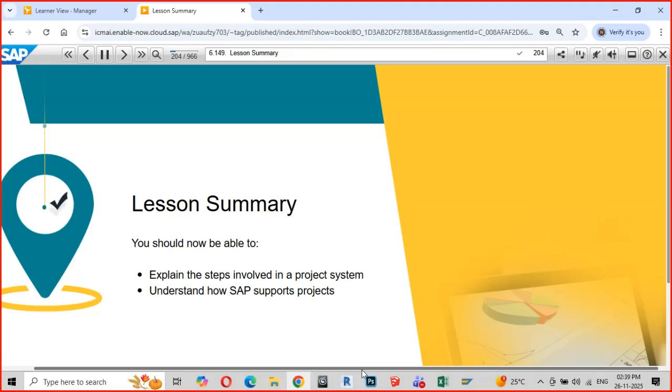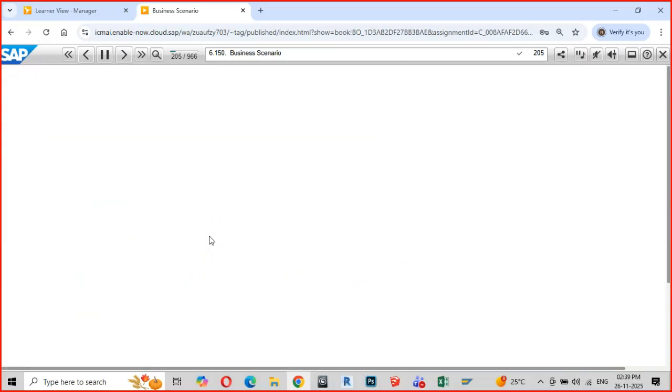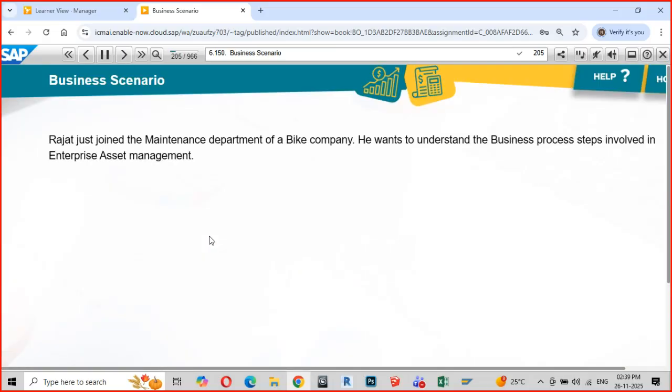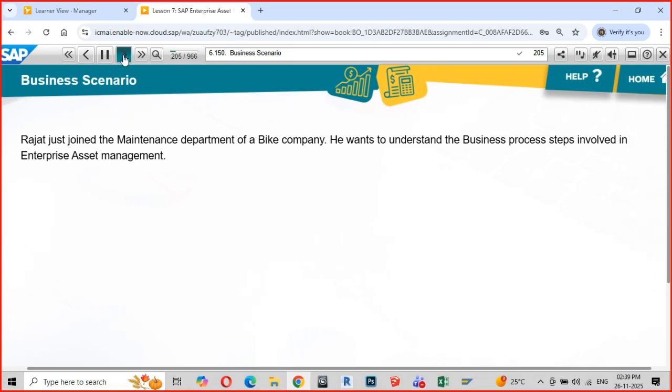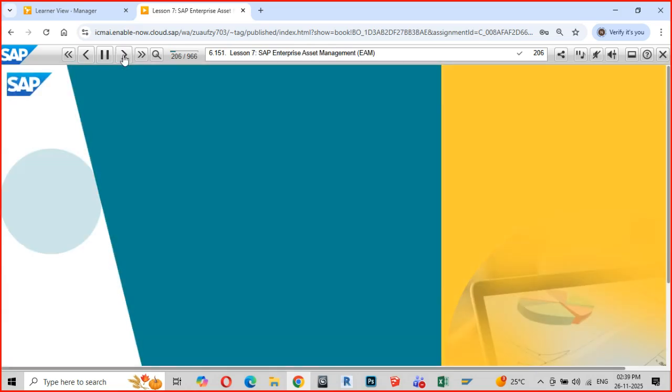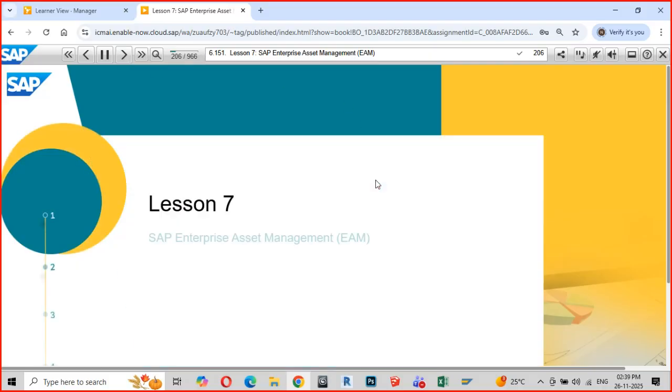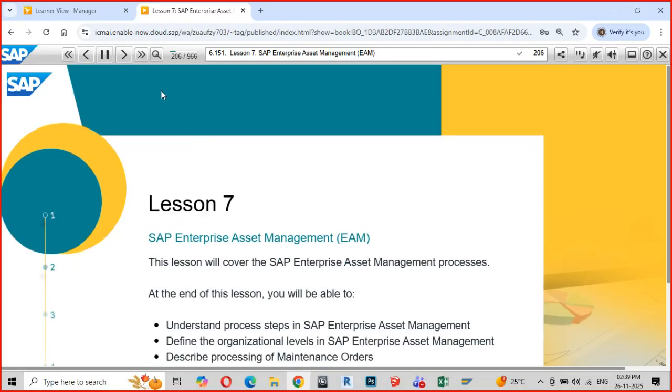There is some concept called planning. Some video. Asset management. We have already seen the asset management, fixed assets.